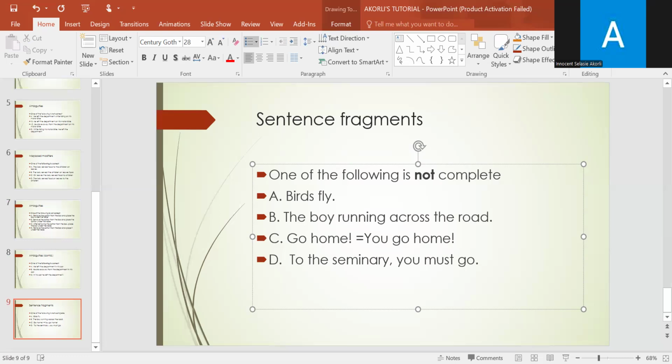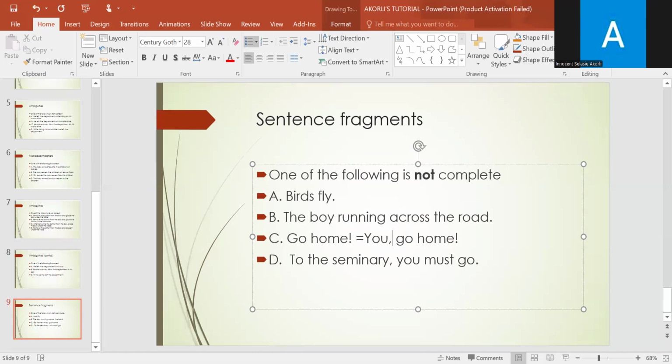So it's a complete sentence as it is, because it's a type of imperative, a command or order type of sentence.